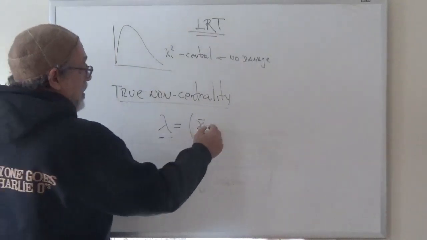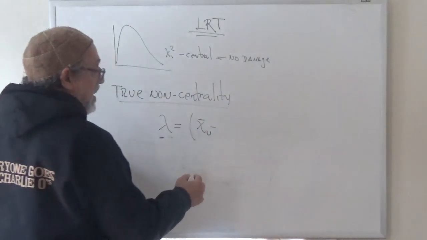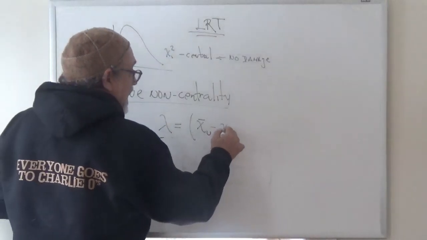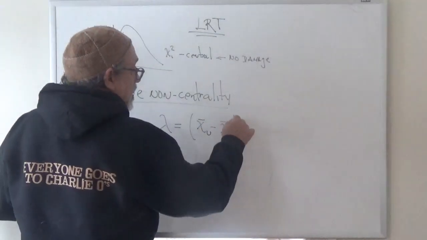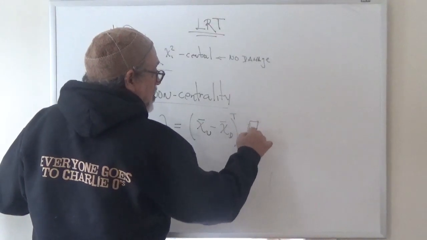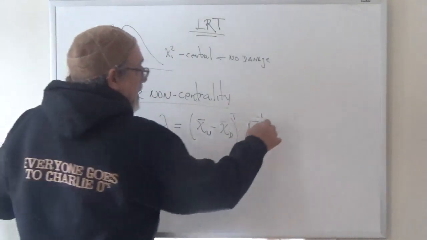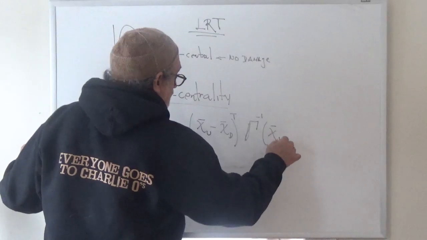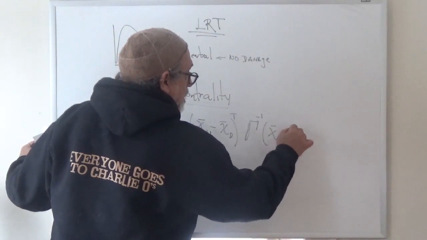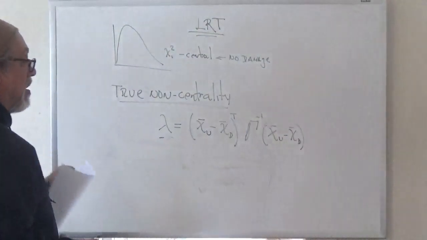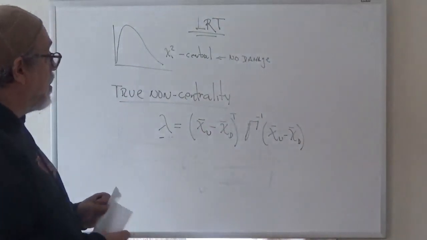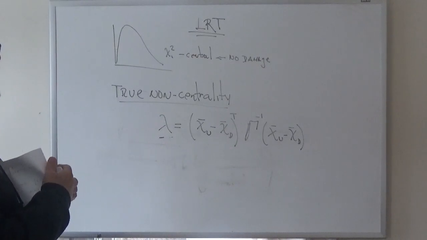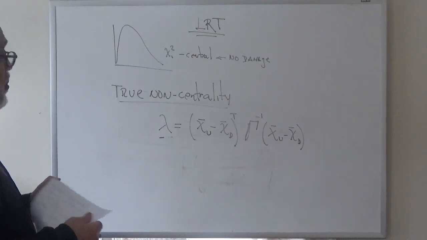Because we're dealing with a multivariate case, minus the mean after damage, transpose, times the inverse of the covariance, times the mean minus the mean again. This is a scalar because that's a horizontal vector times a matrix times a column vector. And so that is the true non-centrality.